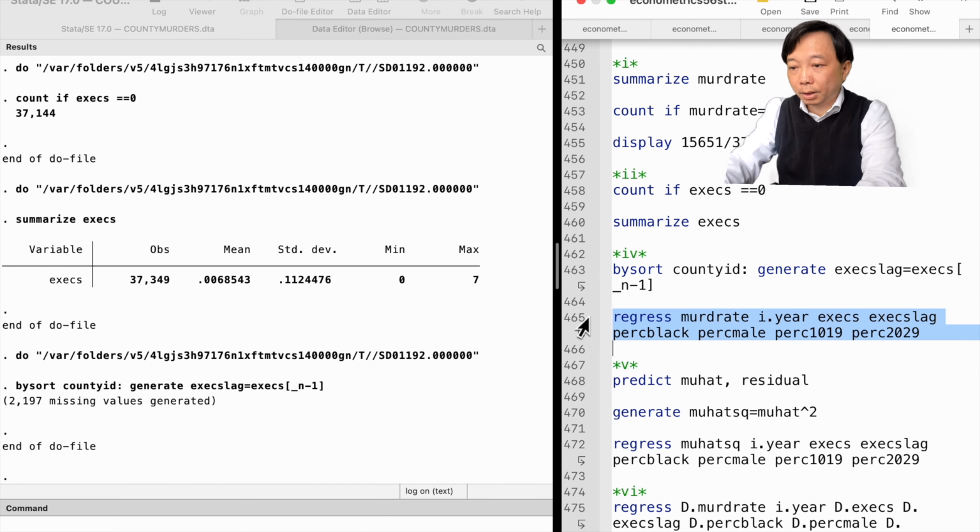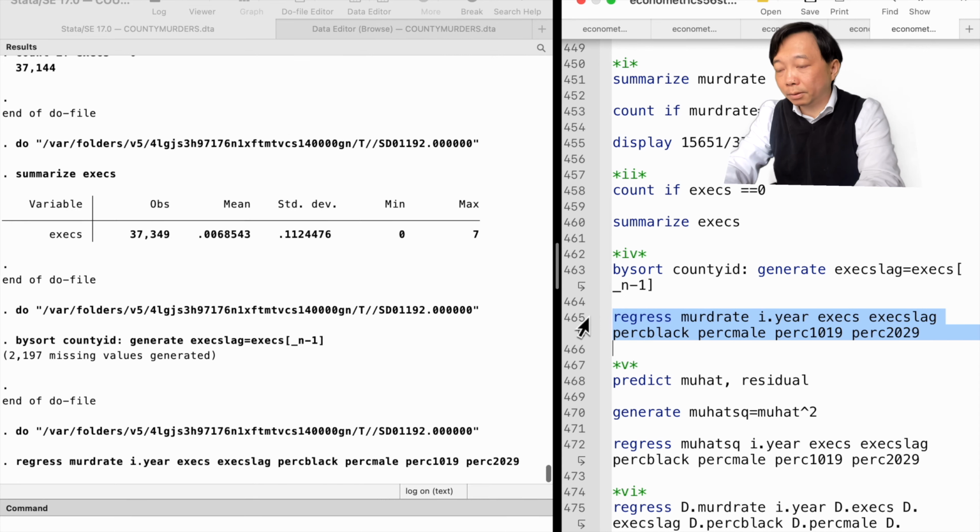Then we estimate the model by pooled OLS. Since the model contains a different intercept for each time period, we use the i. in front of the categorical variable year to specify dummies for each year.